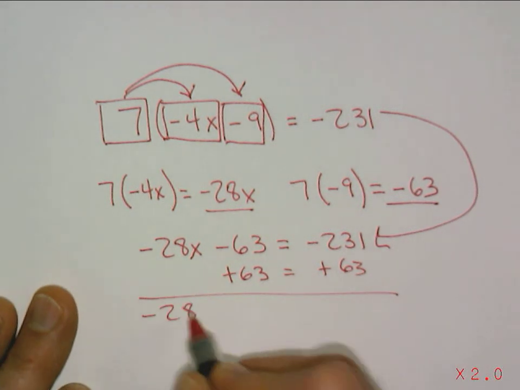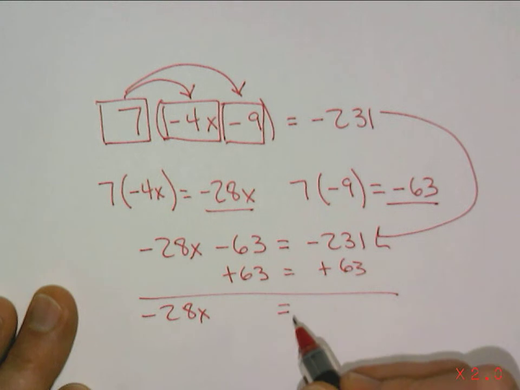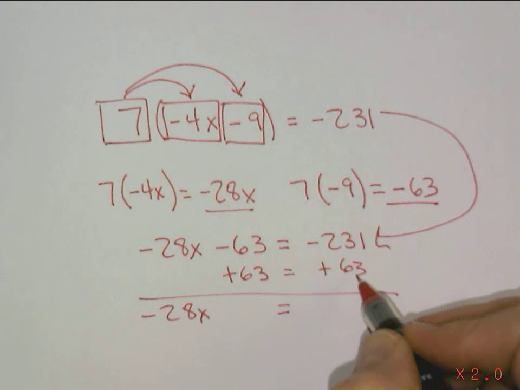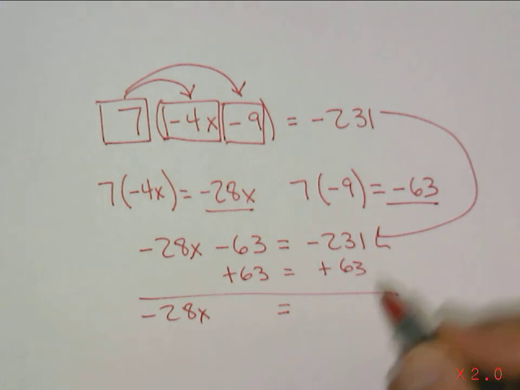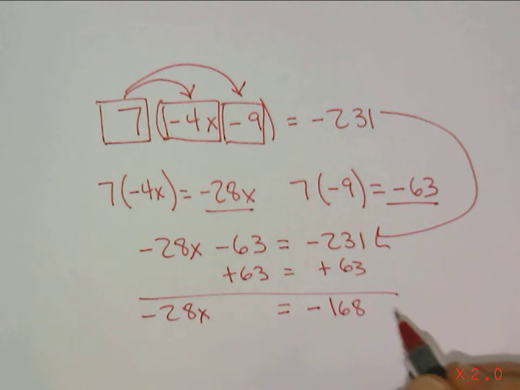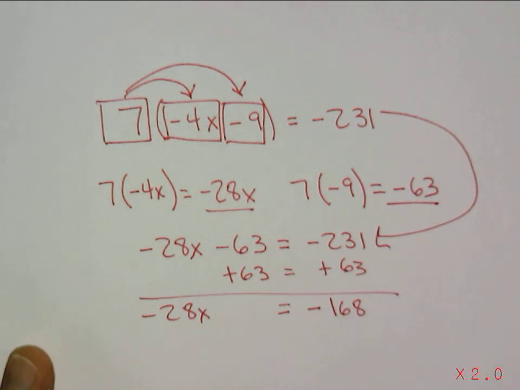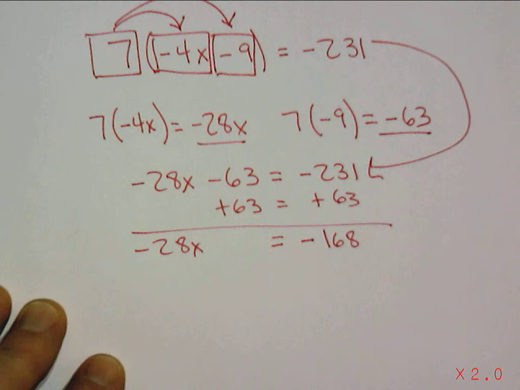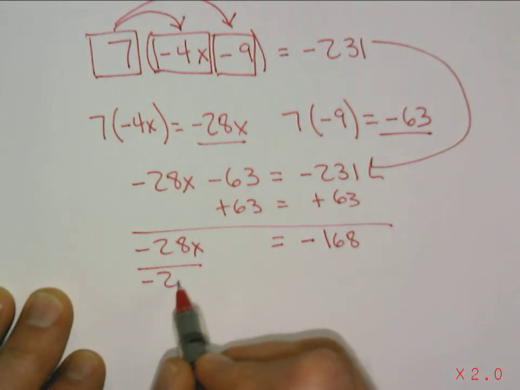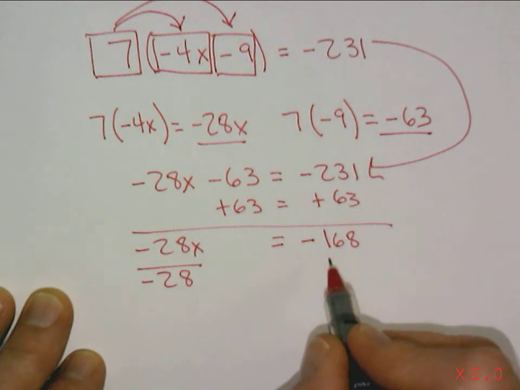And now we basically have a two-step equation, adding the opposite number term to both sides. Negative 28x equals negative 231 plus a positive 63, which makes negative 168. You need a calculator to do that. Use the calculator to do that calculation. And then my last step is to divide both sides by the multiplier of x, which is negative 28.